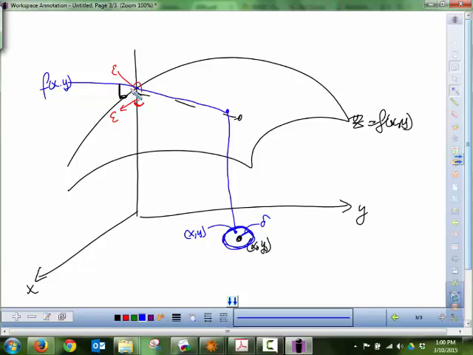So that means with a small enough delta, I'm able to pick any point that I want within this delta disk. And whenever I project it up here, I'm always going to be within this epsilon interval in my z. Okay? So that's the epsilon delta definition.